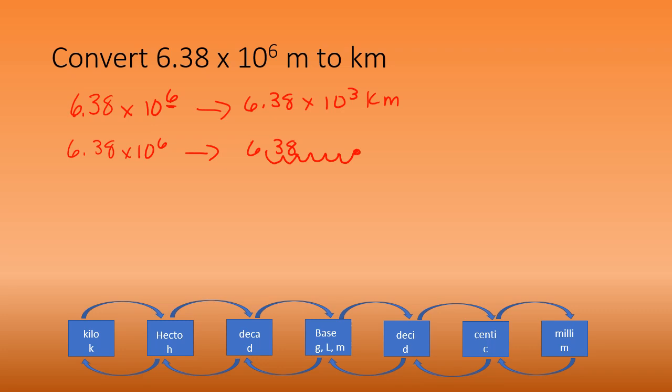And placing our decimal, we'll fill in those empty spaces with zeros. So 6.38 times 10 to the 6 becomes 6,380,000, and that is in meters.